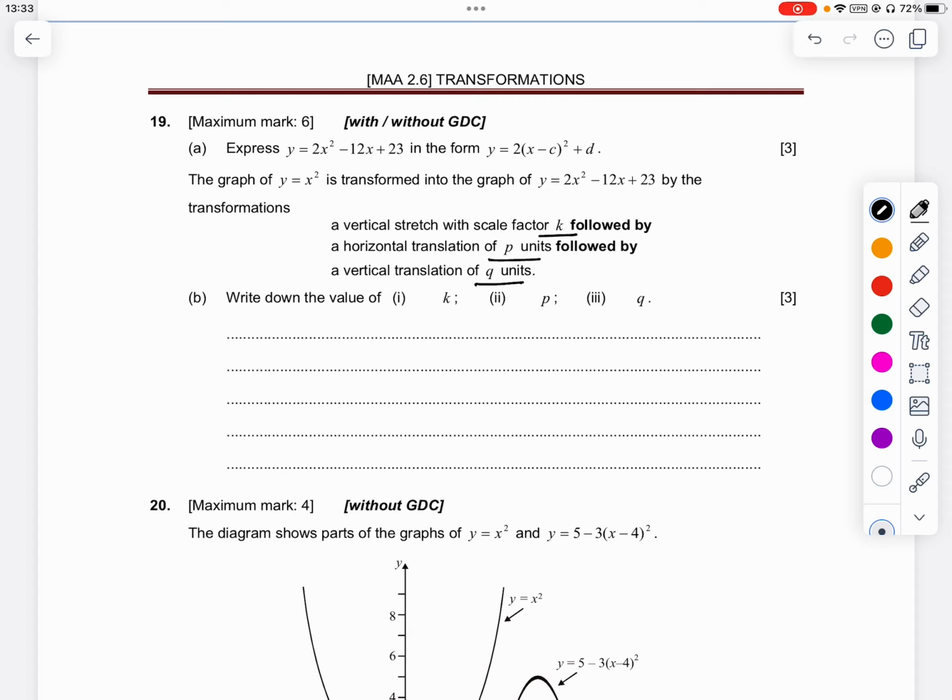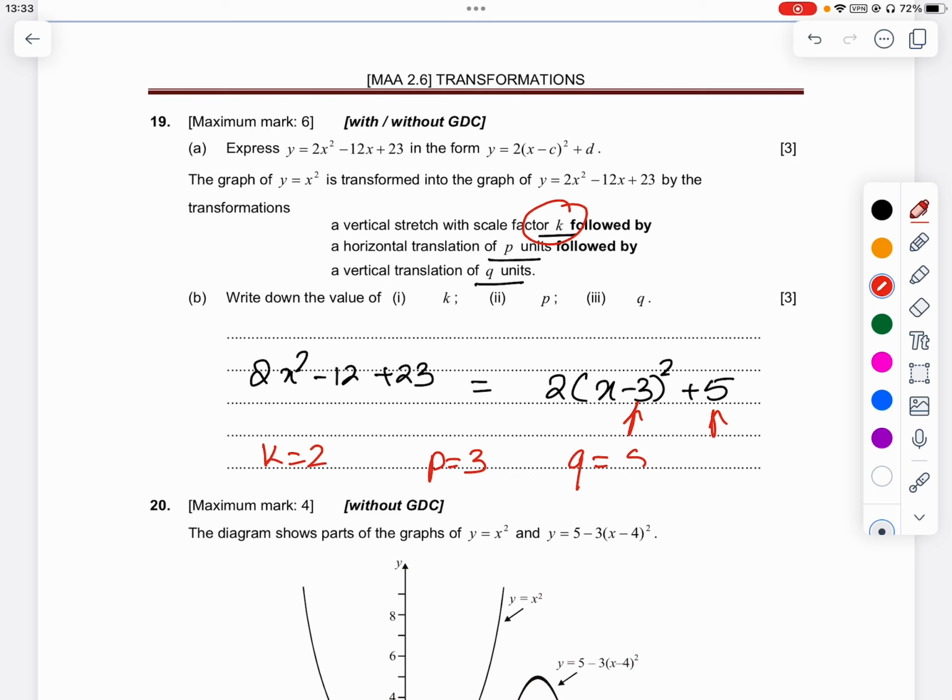So now what am I going to write? This 2x² - 12x + 23, I'm directly writing, you can write it as 2(x - 3)² + 5. So now we can clearly see that the vertical stretch k value will be 2, the horizontal p value will be 3, and the vertical will be 5. So the q value will be 5.